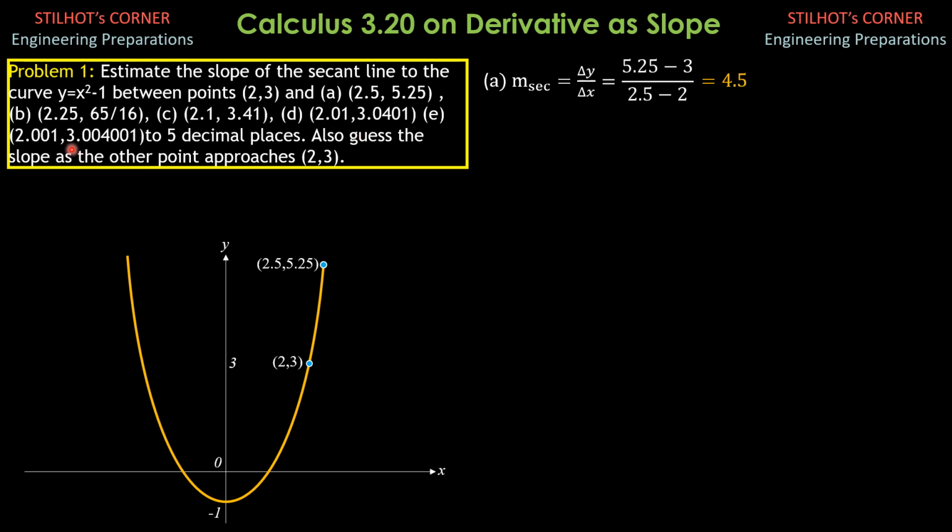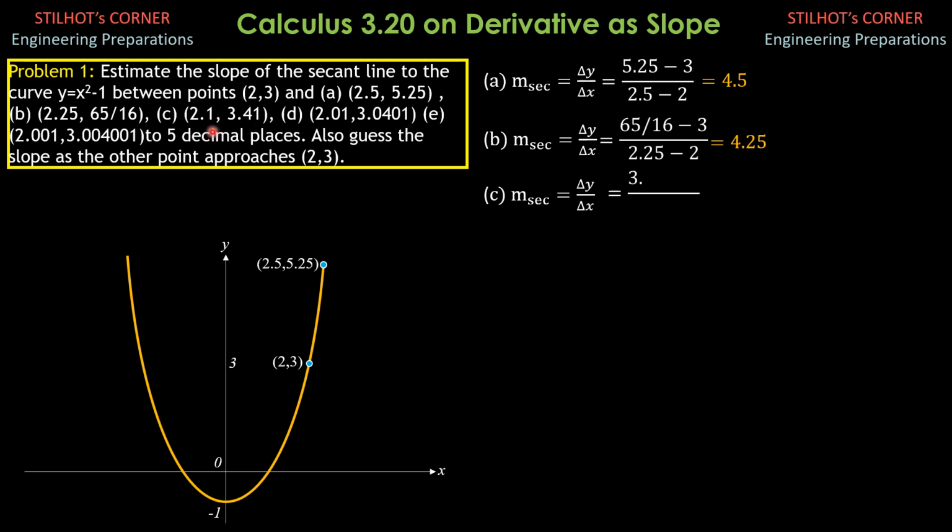For part B, slope is 65 over 16 minus 3 over 2.25 minus 2, and it is equal to 4.25. For part C, slope is 3.41 minus 3 over 2.1 minus 2, and it is equal to 4.10.